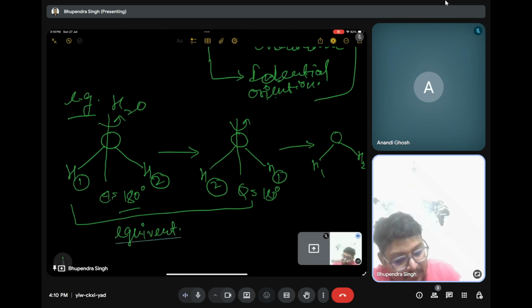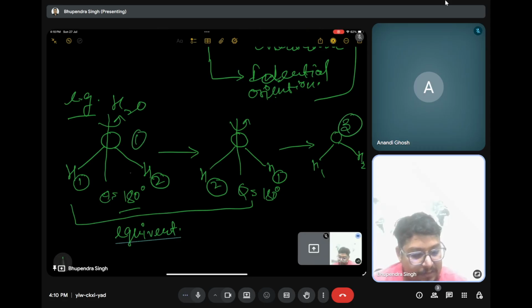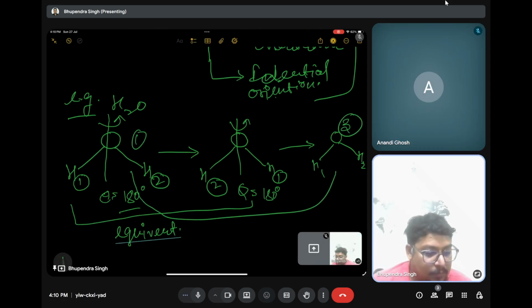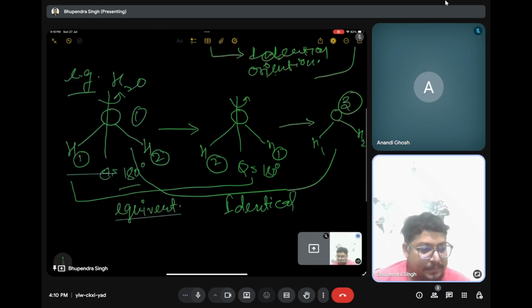If you compare the first one and the third one, these molecules are equivalent and identical. So this is the basic difference.